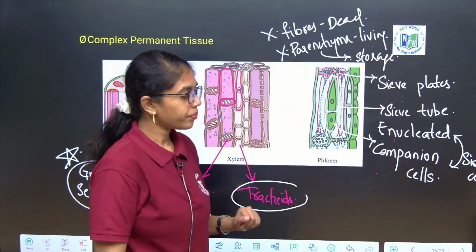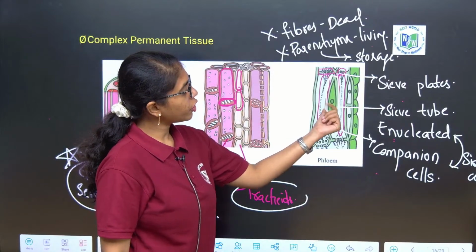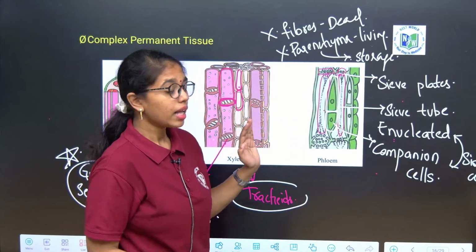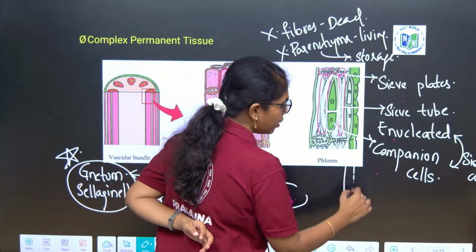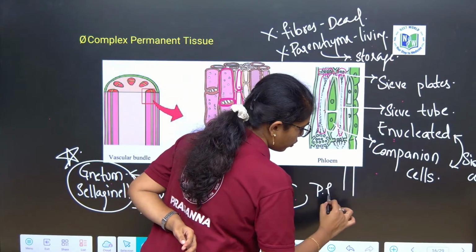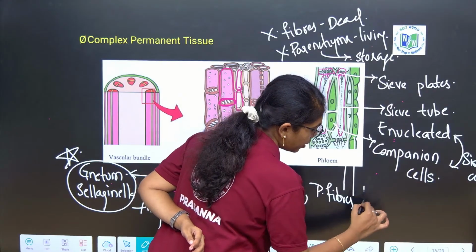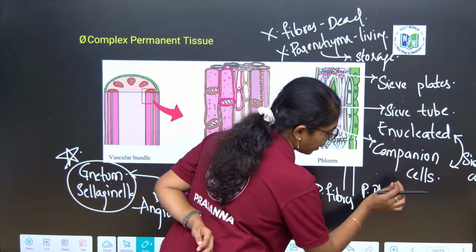Fine. Next, sieve tube cells and companion cells are done. The next two phloem tissues are phloem fibers and phloem parenchyma.